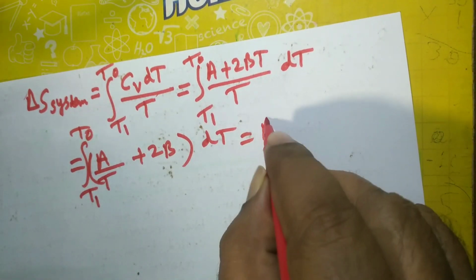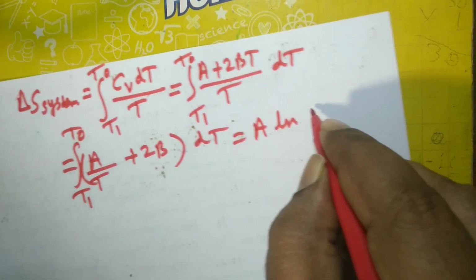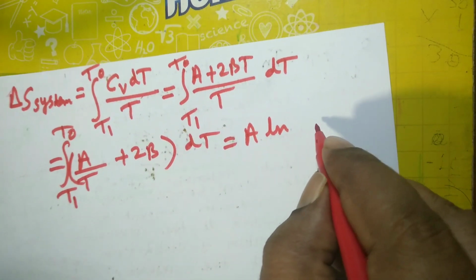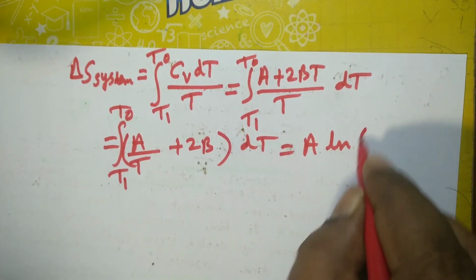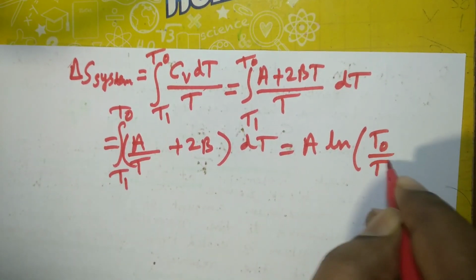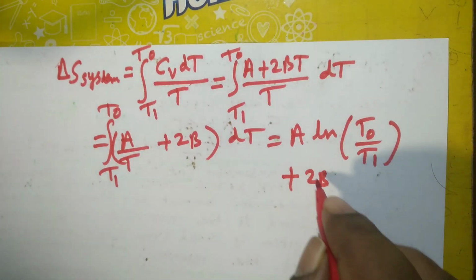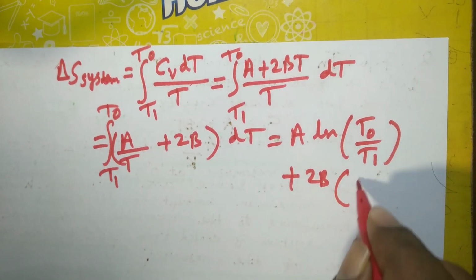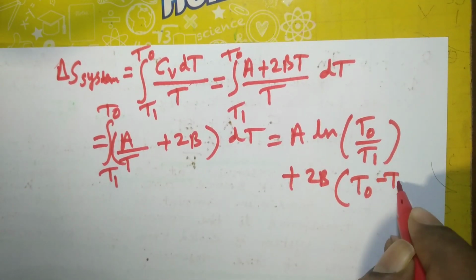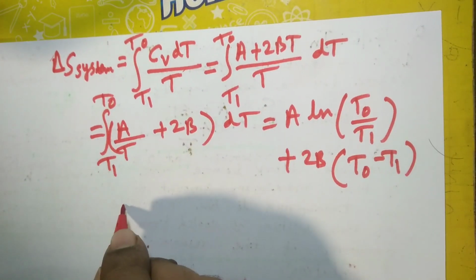This is equal to A ln T0 by T1 plus 2b (T0 minus T1).